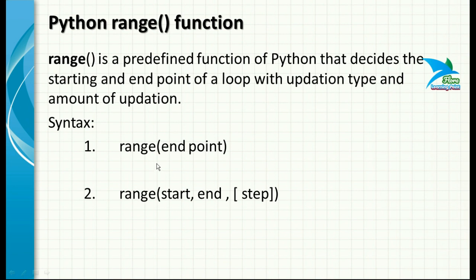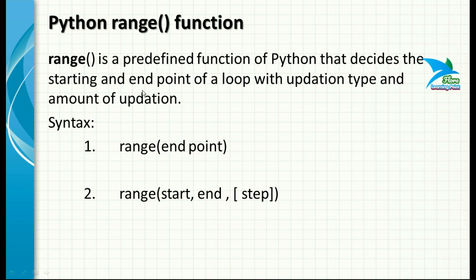Next we'll discuss the range function. Range is a predefined function of Python that decides the starting and end point of a loop with updation type and amount of updation. Updation type means it may be increment or decrement in the loop variable.